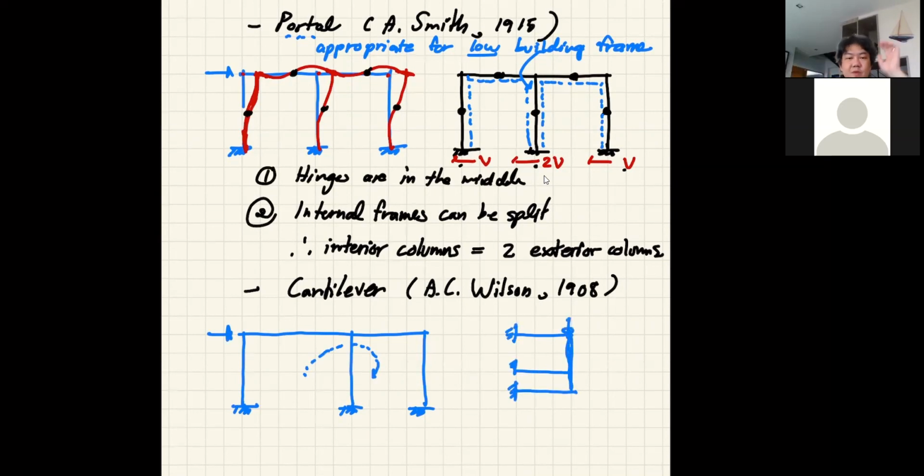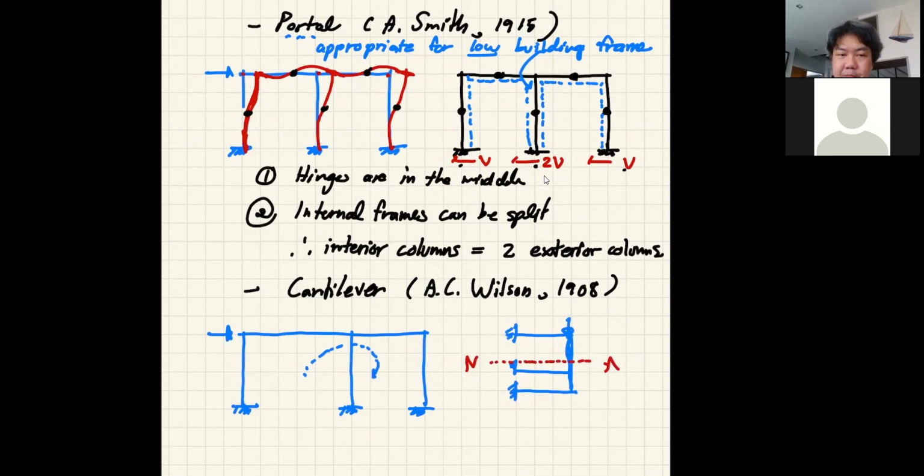So with this method, you look at your frame as a flexural member. If you look at this as a beam, this will be your neutral axis.